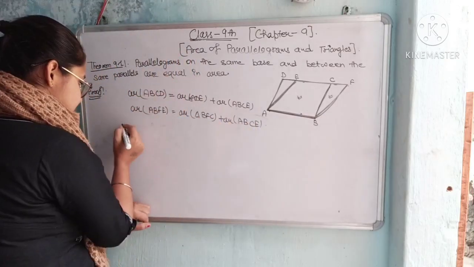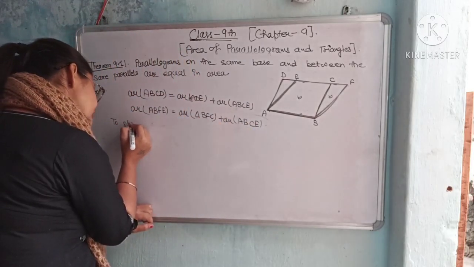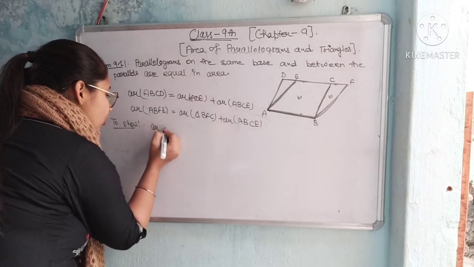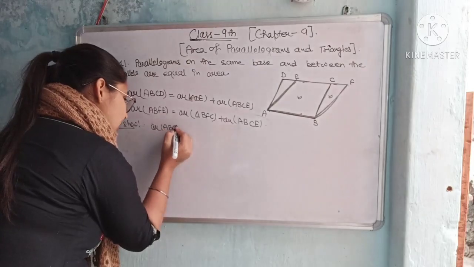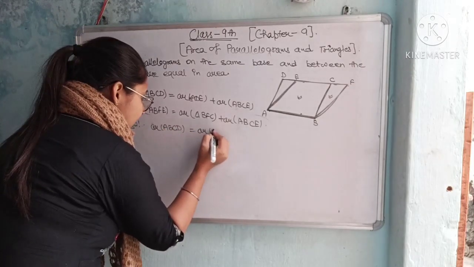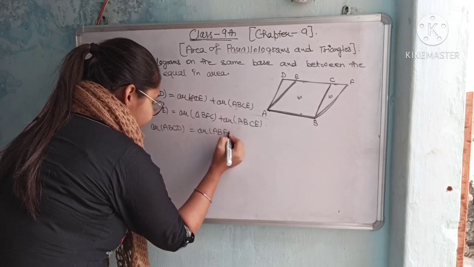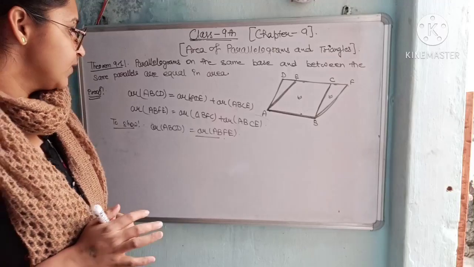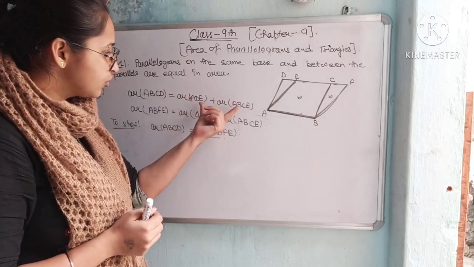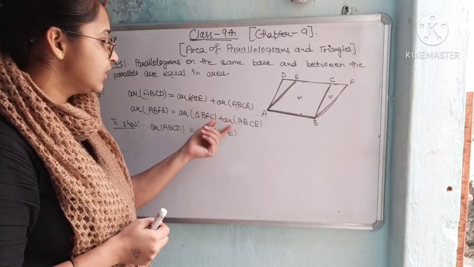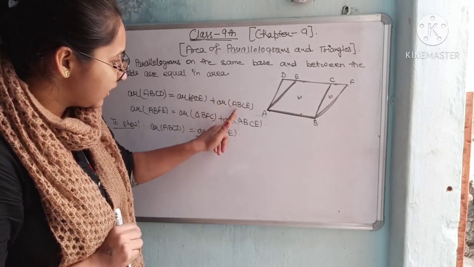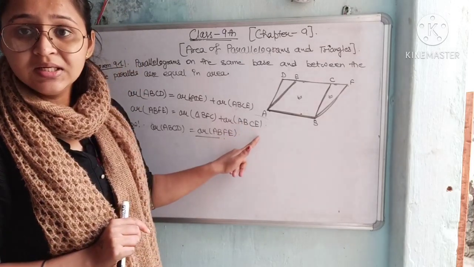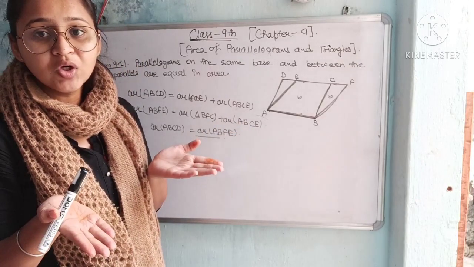Now, what is the task? What do we have to show? To show is that they are equal in area. That means area of ABCD is equal to area of ABFE. Both parallelograms have the same area, that we need to show. Now, see very carefully. This equation has area of ABCE, and this equation also has area of ABCE, and ABCE is one quadrilateral.